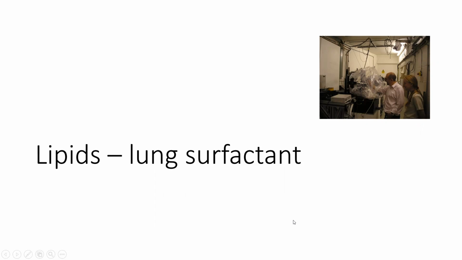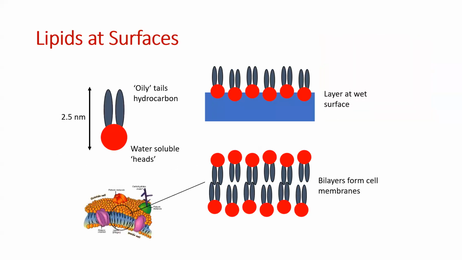And because we were starting, we just put the whole assembly in a glove bag and put some quartz windows in so that we could bring the beam in and out. We now have chambers that can control the environment a bit more systematically. But if we have these lipids and we look at them at a surface, lipids are amphiphilic molecules.